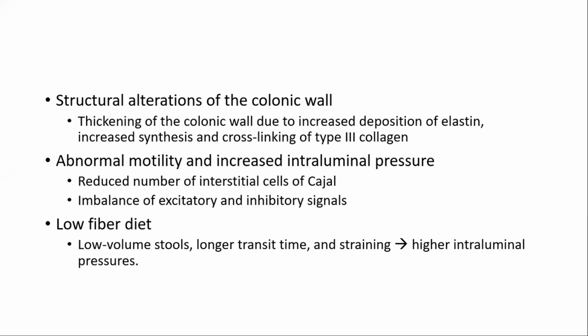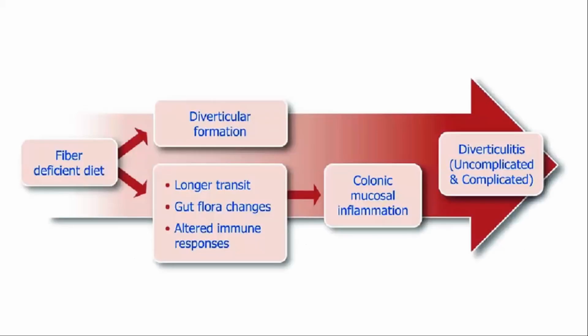And the commonest cause is low fiber diet, because when there's low fiber, there will be low volume stool, therefore it will have a longer transit time and a harder stool. So straining will increase the intra-abdominal pressure and thus lead to diverticular formation. So again, this is the pathogenesis.